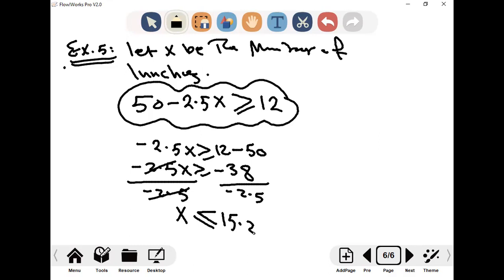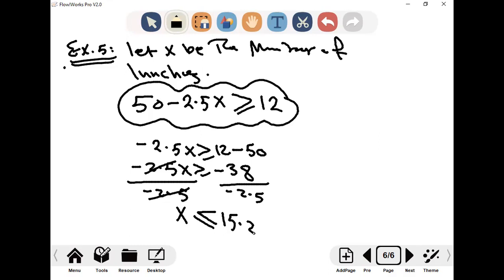15.2. If you go to the lunch counter and ask for 15 lunches and 0.2 of a lunch, when the meal is 2.5, they'll say just take the meal, right? Okay, now let's see how the question deals with it. Interpret the solution, graph the solution set for x less than or equal to 12. You can graph normally.